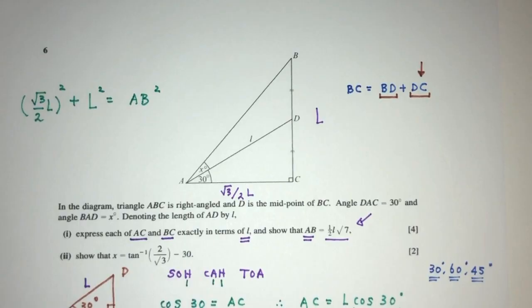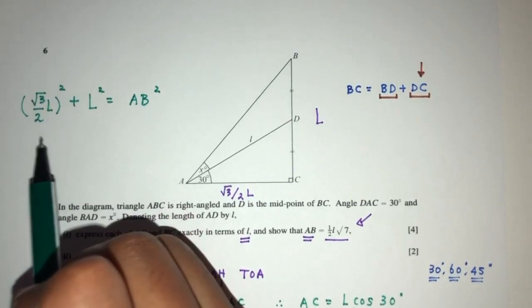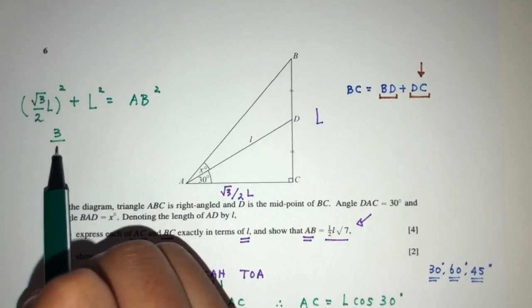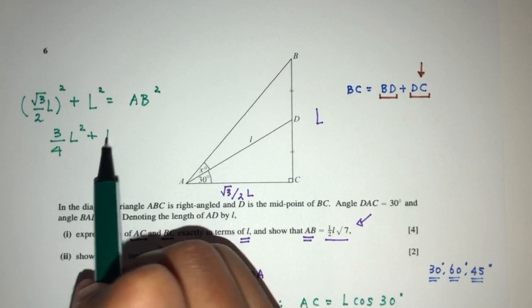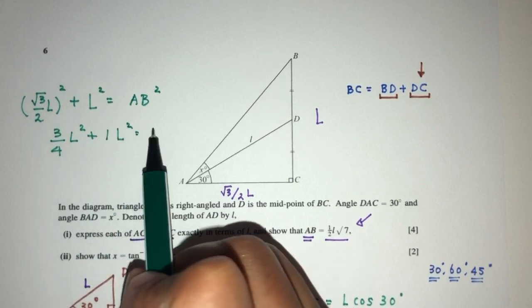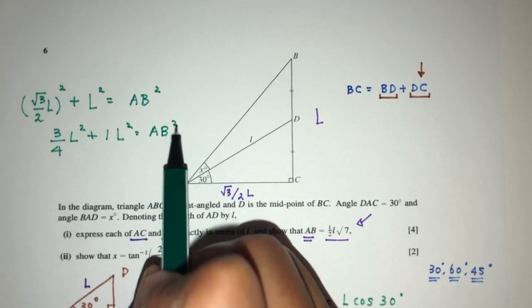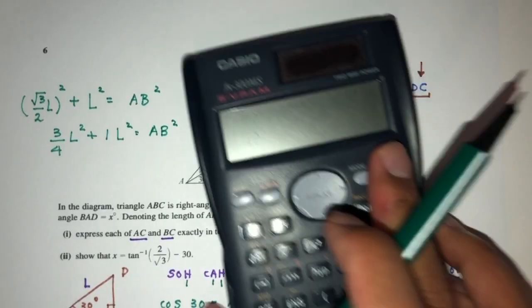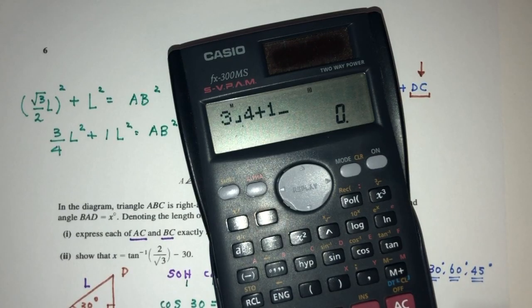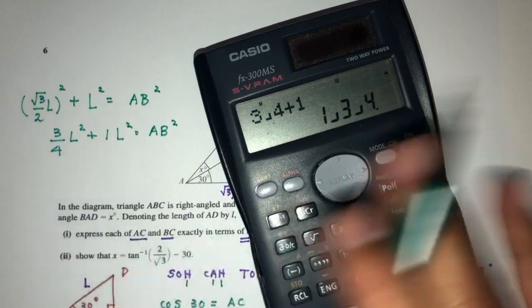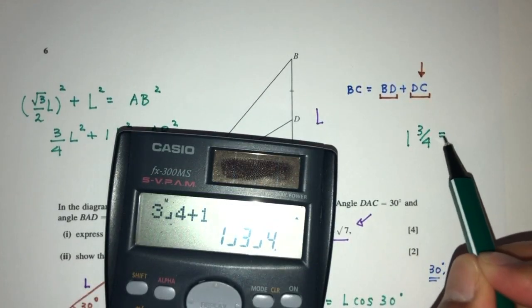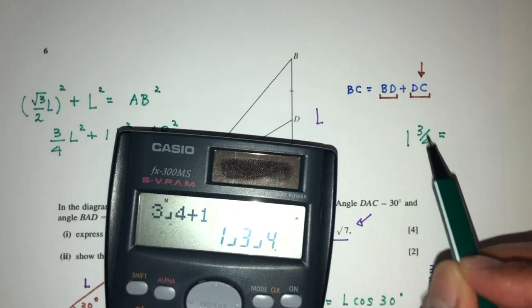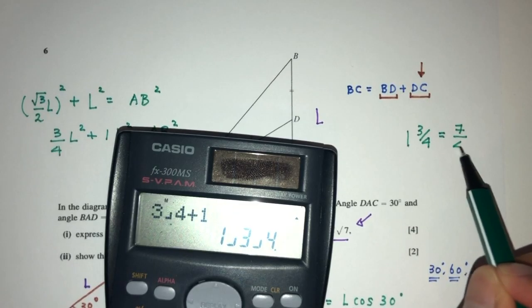So let's solve one by one. So here I will have 3 over 4 L square plus 1 L square, that will be AB square. Let's simplify. 3 over 4 plus 1, that will be 1 and 3 over 4. But if you want to simplify, that will be 1 times 4 is 4 plus 3 is 7, 7 over 4.